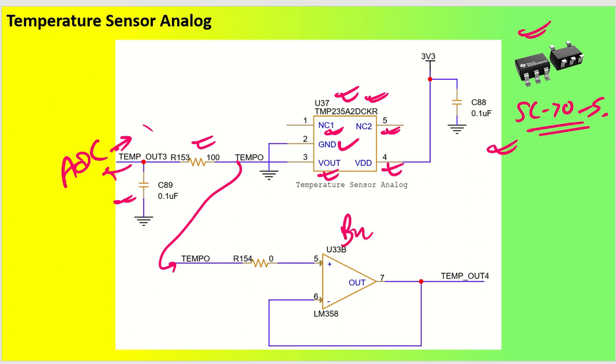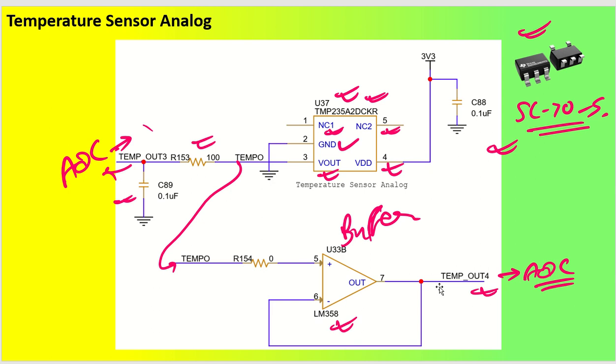This is my buffer, an LM358 IC, that is an amplifier, and this is going to TMP_OUT4, which is one of the ADC pins of the microcontroller. This is a very good technique: pass it through a buffer and then send it to your ADC pin for better ADC functionality.